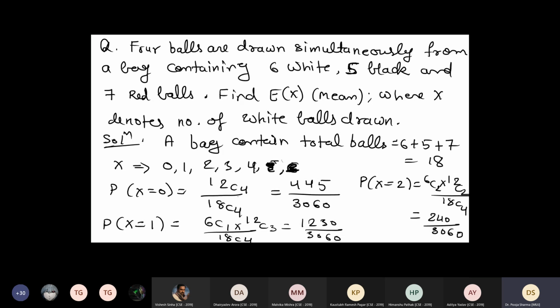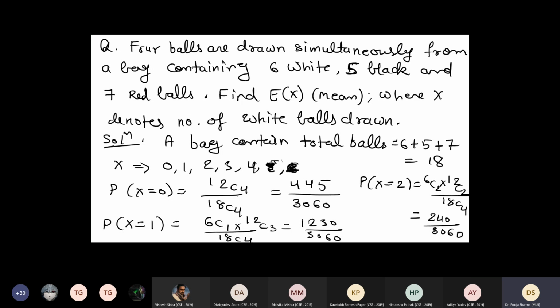And out of that, x is 0, which means we don't need any white ball. So all 4 balls are drawn from the other colors. That's why 12C4, because 5 black plus 7 red become 12, and out of that 12, 4 are drawn. That can be solved, and you will get the term 495 upon 3060.